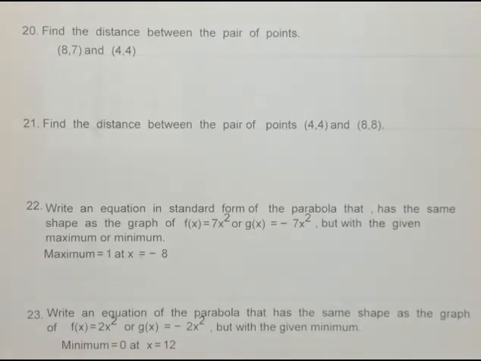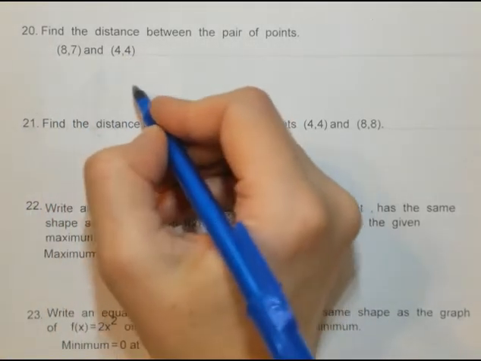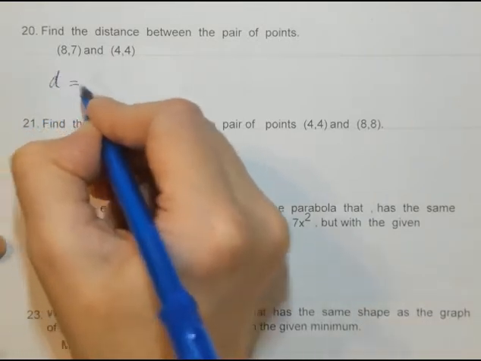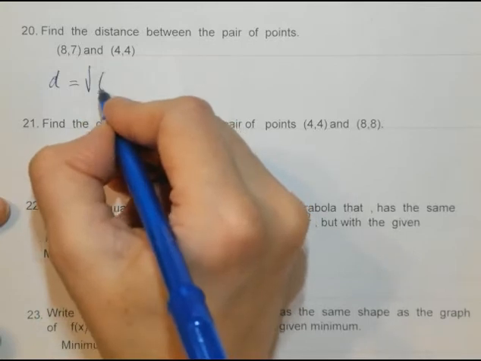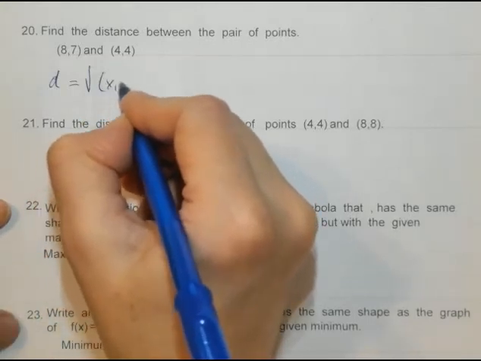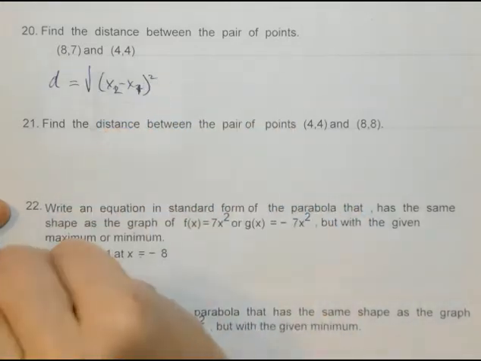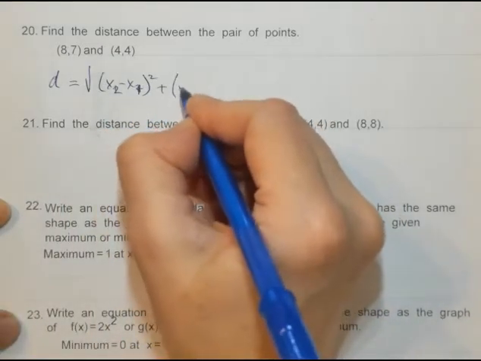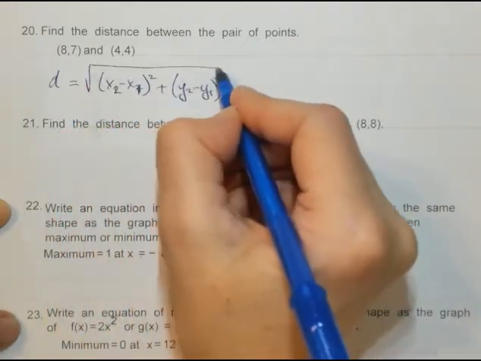Find the distance between the pair of points (8, 7) and (4, 4). The distance formula: d equals the square root of the difference of x components squared, x1 minus x2 or x2 minus x1, it doesn't matter since it is squared, plus y2 minus y1 also squared.